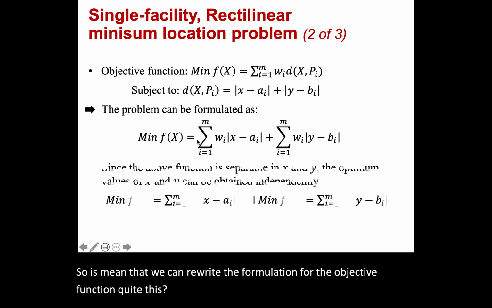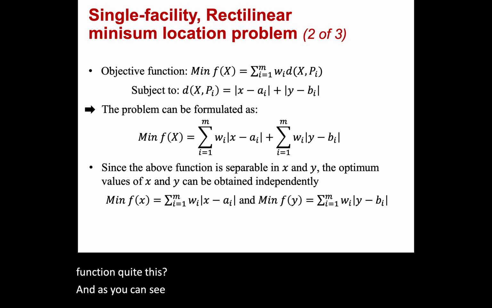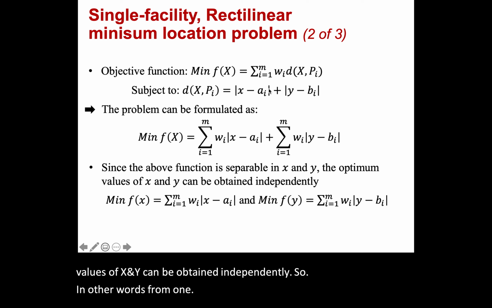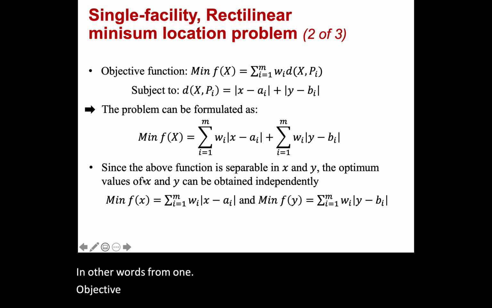And as you can see, this objective function is actually separable between x and y. So it means that the optimum values of x and y can be obtained independently. So in other words, from one objective function, we can solve these two objective functions separately.